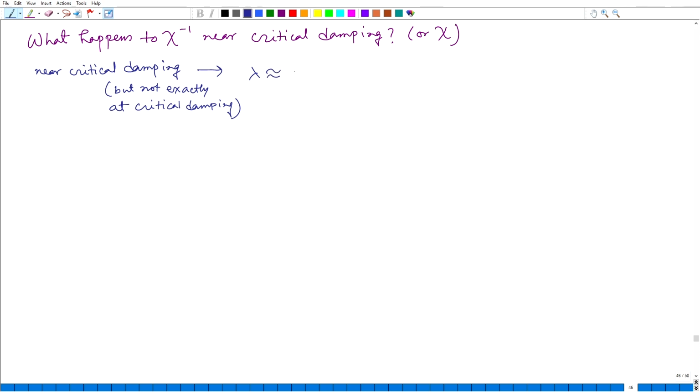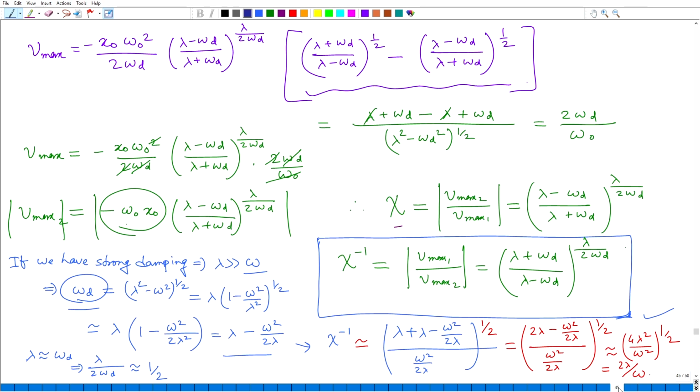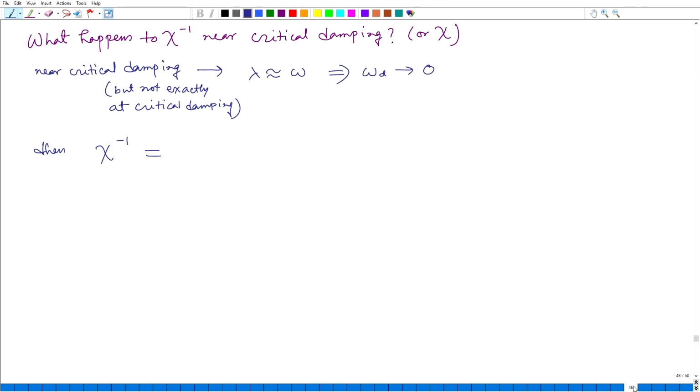Lambda is very close to omega, and then now lambda and omega are very close, omega d tends to 0, and then this chi inverse will be equal to simply, so chi inverse I just take again, lambda plus omega d by lambda minus omega d whole to the lambda by 2 omega d.